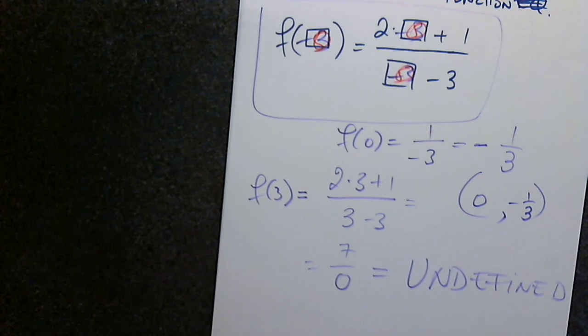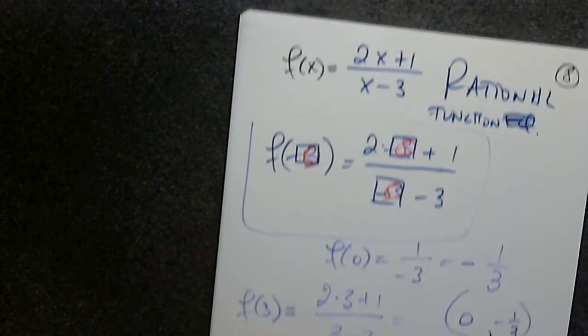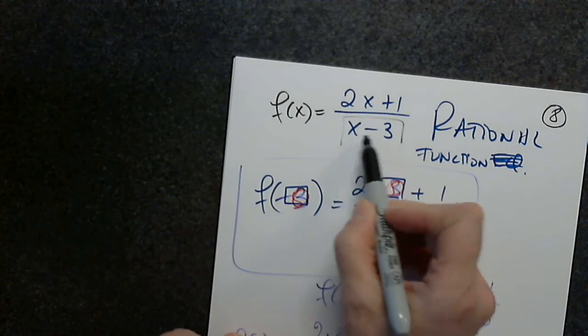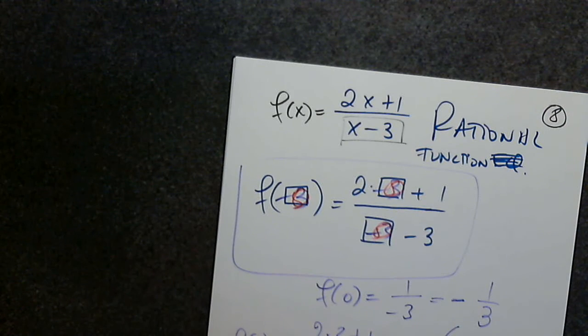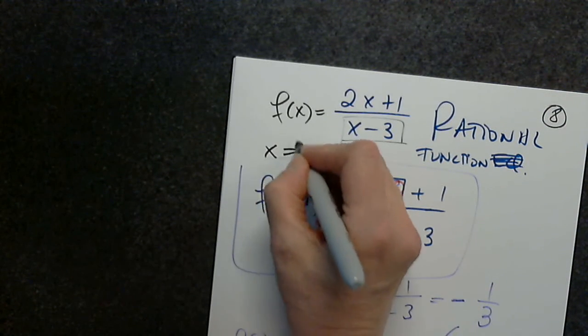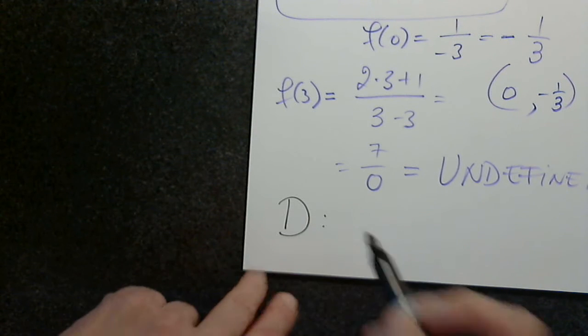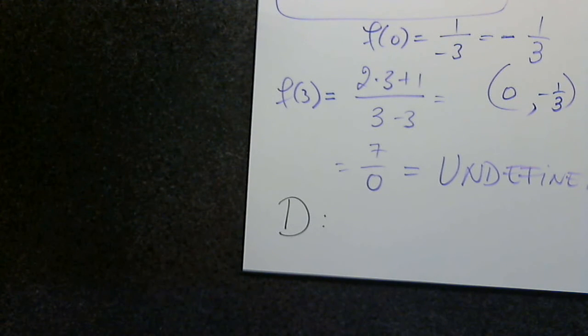It is undefined. Now you're going to go back. We're going to go back, and we did this together with rational equations. What did we write about x minus 3? Exactly. So for this function, the only value that is problematic is 3. I'm going to ask you to write or tell me how to write the domain of this function then.